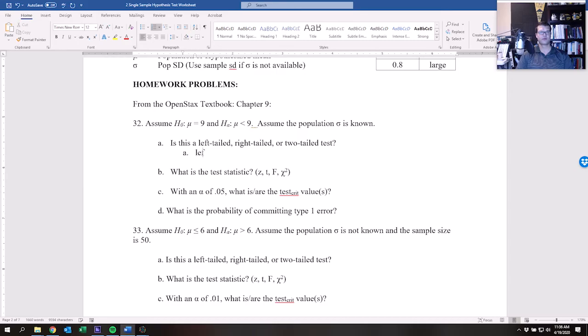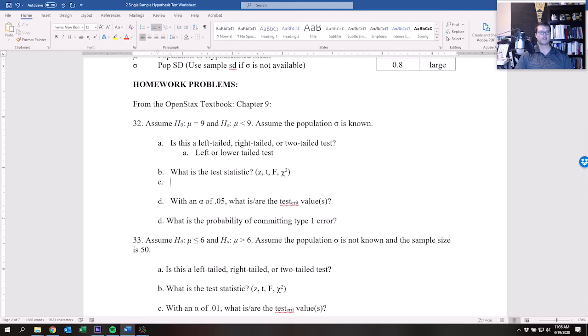Okay, what is the test statistic? Well, notice right here it says assume the population standard deviation is known. So therefore, the test statistic is going to be z. Because when we know the population standard deviation and it's a single sample test, it's going to be z. If we did not know the population standard deviation, then it would be t.